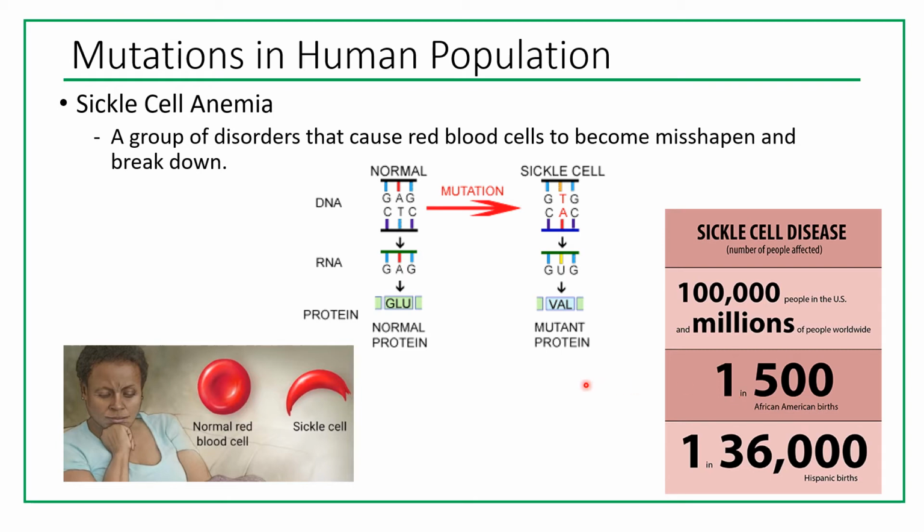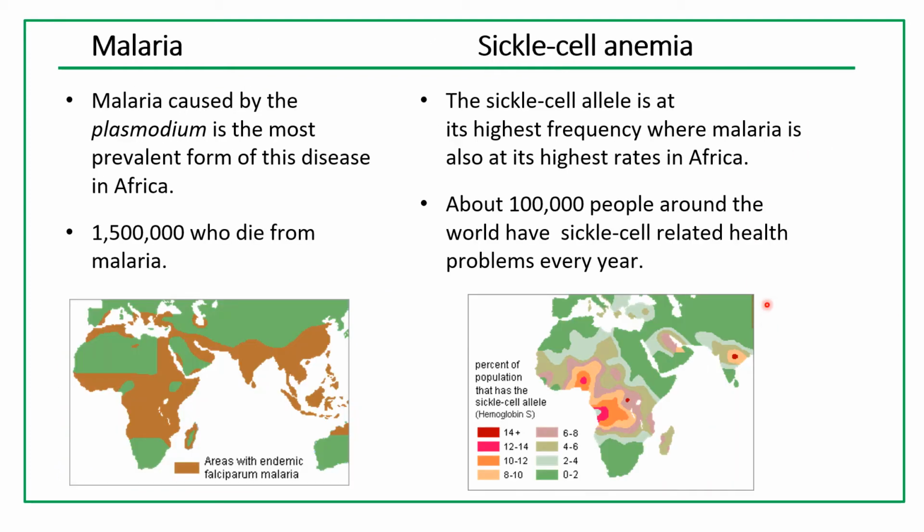There is actually a good explanation for those numbers. So what scientists figured out is that sickle cell anemia is actually present in high frequencies in the area of Africa where malaria is common.